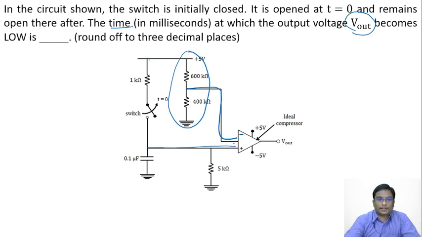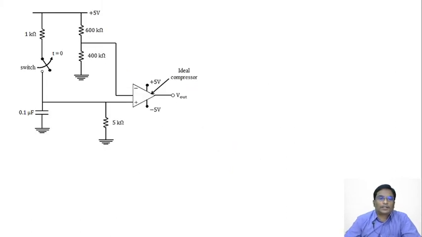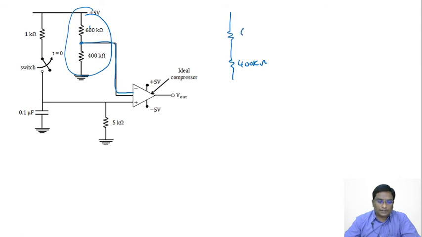Let us calculate first of all this one. See here, this is 600 kilo, 400 kilo. Voltage divider network output given to the inverting terminal. This is 600k, 400k. This is 5 volts. This is grounded. This voltage I am giving to the inverting.